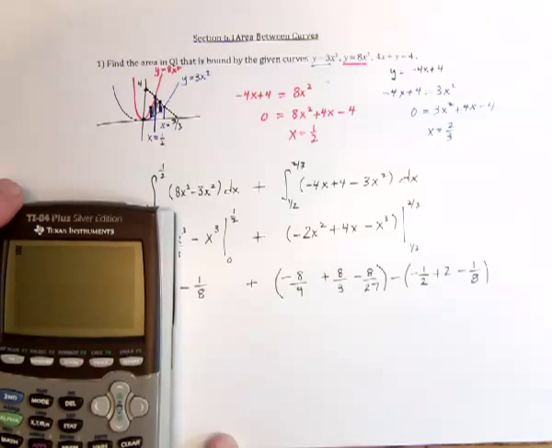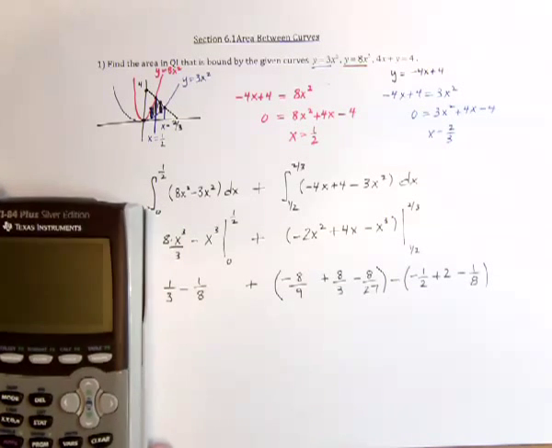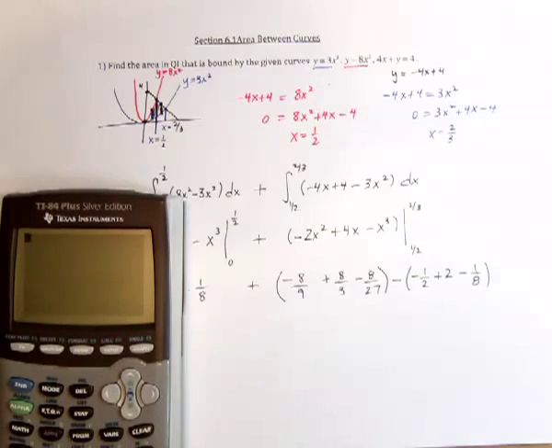Less than a half. So let's see, I've got 1/3 minus 1/8. And then plus to that, okay, and then minus parentheses negative 1/2 plus a 2 minus 1/8.